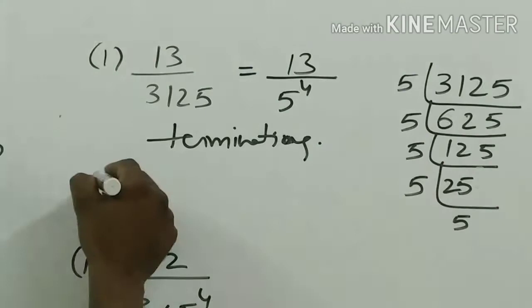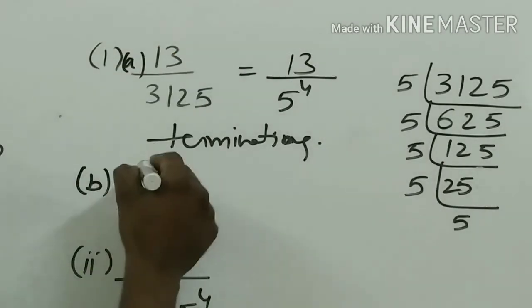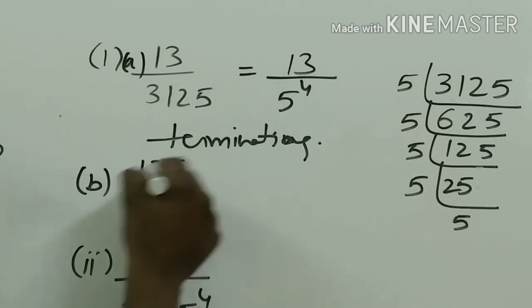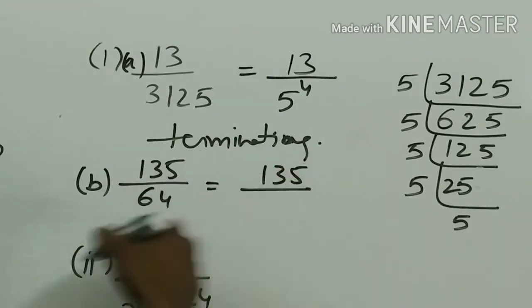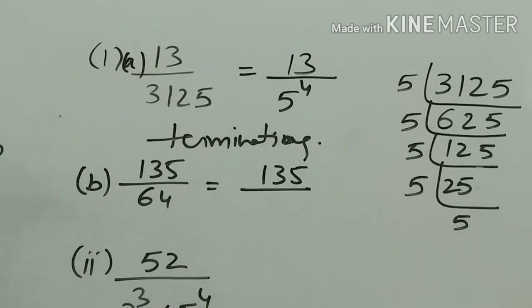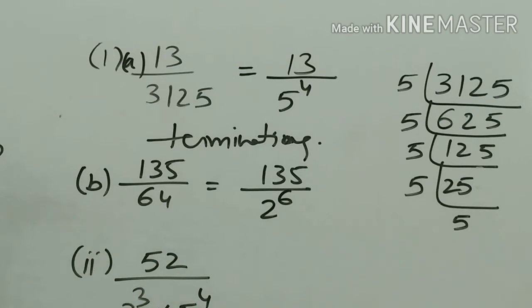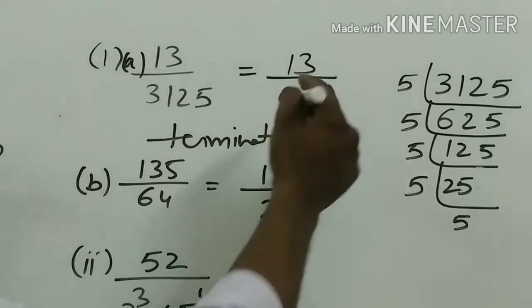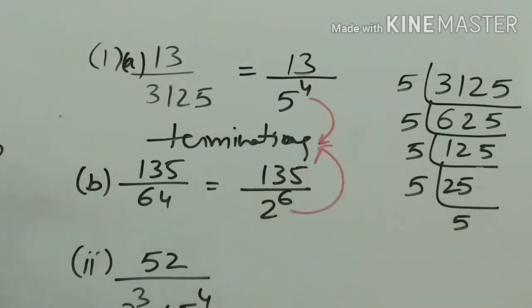One more example: 135 by 64. 64 can be written as 2 to the power of 6. So the denominator is in the form of only powers of 2. Here only powers of 5 and here only powers of 2. Only powers of 2 or only powers of 5, it is terminating.